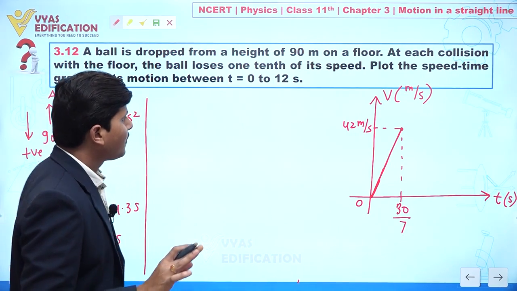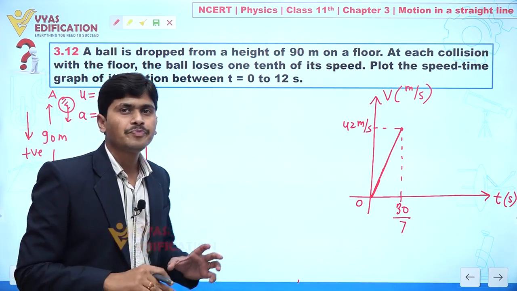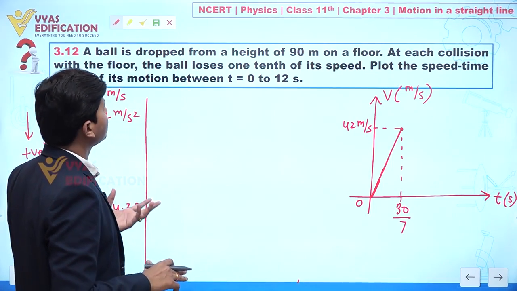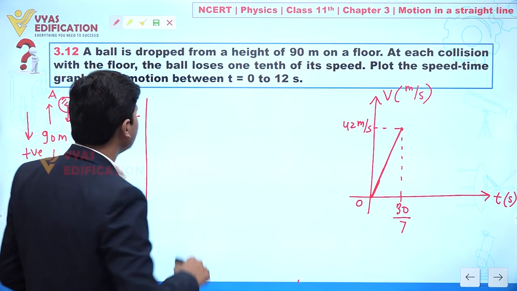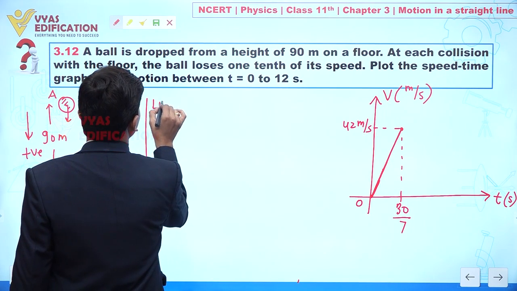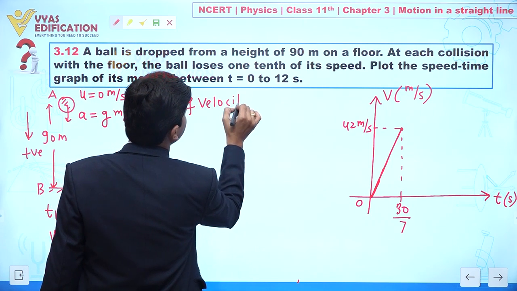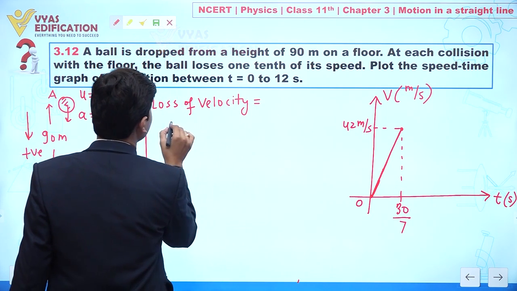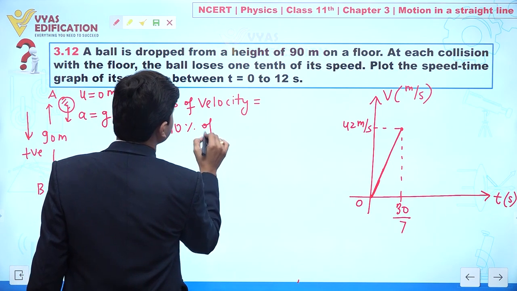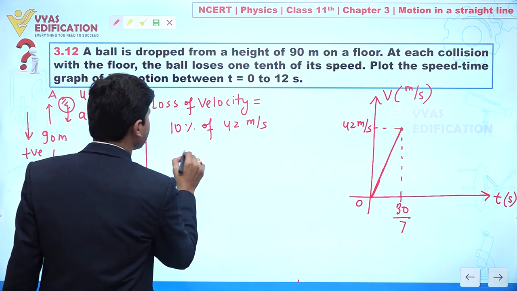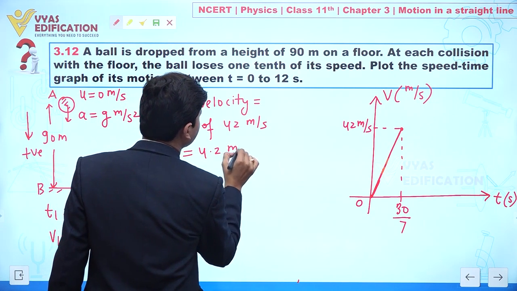But in this question it is also given that after striking the ground, the ball loses 10% of its speed. So the loss of velocity is equal to 10% of 42 meter per second, which is 4.2 meter per second.